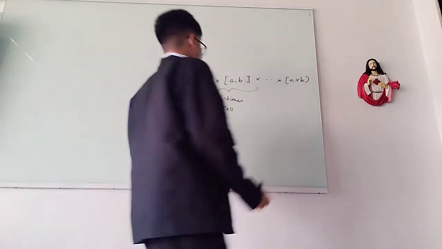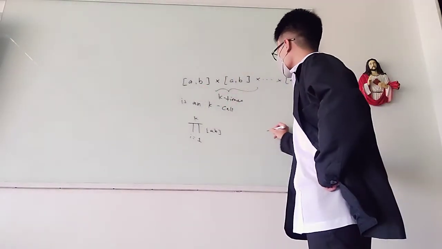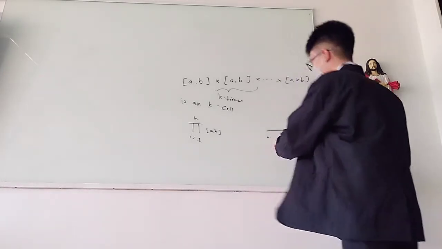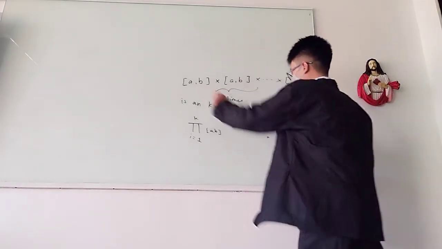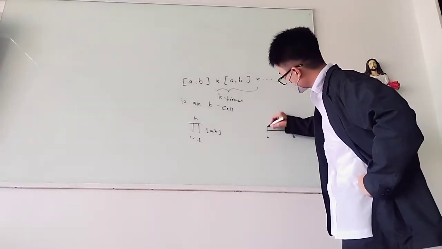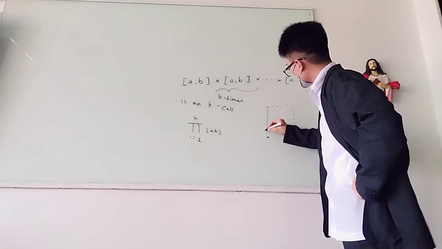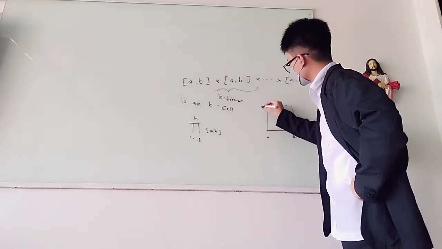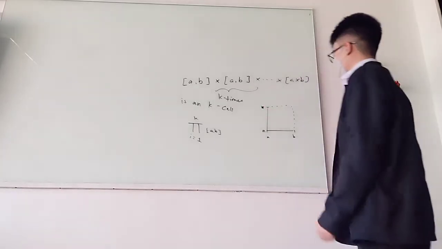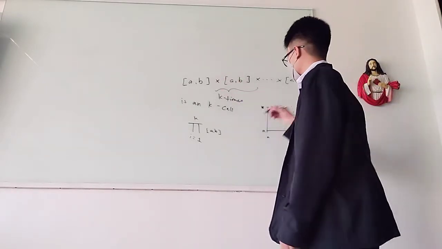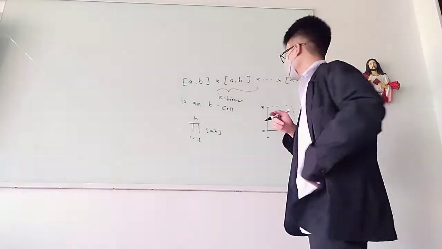And you'll notice that if we think of AB as a length, this is a one cell because it's only one side. And then now if we take its Cartesian product, we get a square. So it's still A, and then this is B. Still B. There, we get a square.